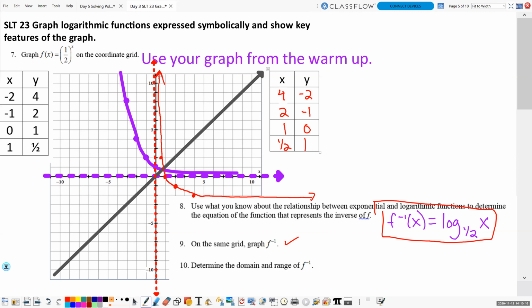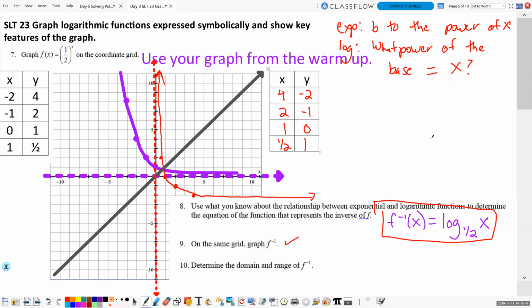Someone just asked me, why is the inverse a log function? Remember, when I have an exponential, that's like base to the power of x. And when I have a log function, that's like what power of the base equals x.